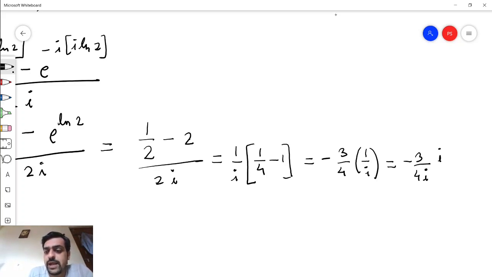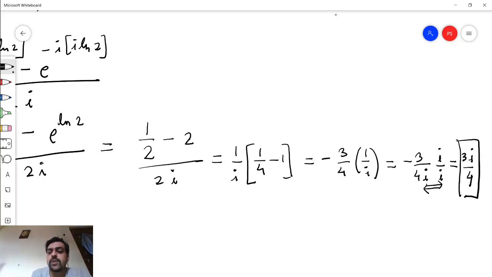Now we can do an adjustment. We will multiply and divide by i. So this i into i is i squared, which is minus 1. So this minus 1 will disappear and we will have 3i by 4. Yes, 3i by 4.